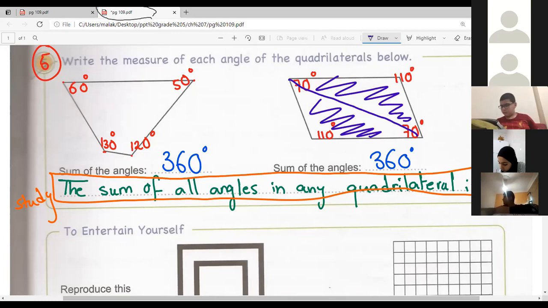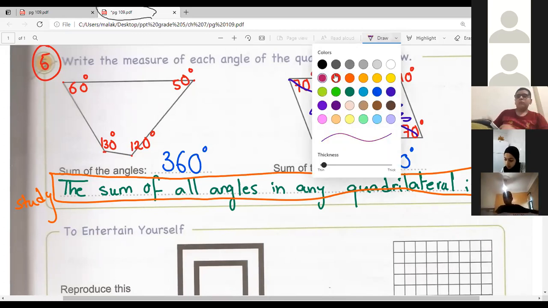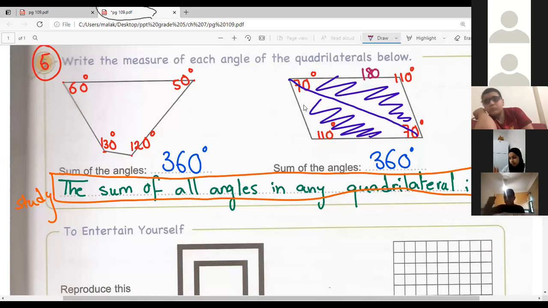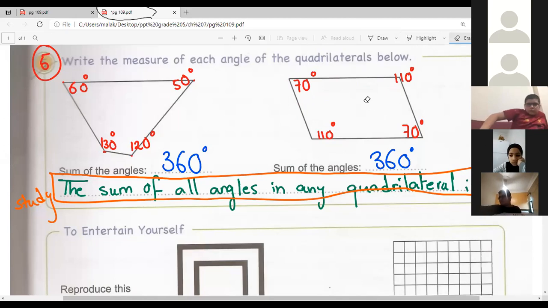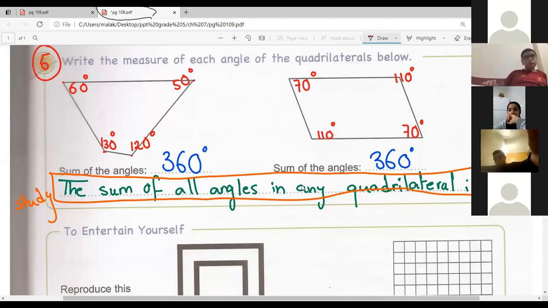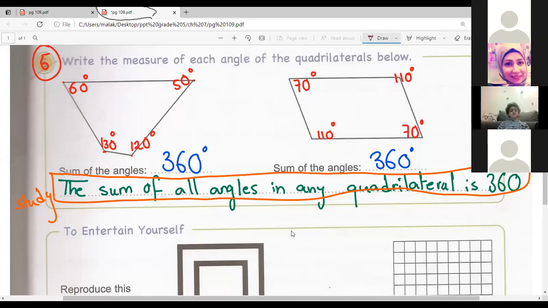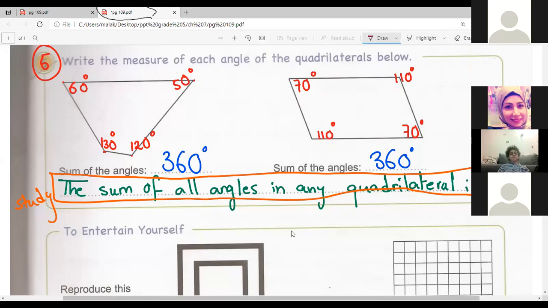Triangle, 180. So we have two triangles here. If each one of these triangles is 180, 180, then the total is 360. So 360 is double 180, because the quadrilateral is divided into two triangles. So 2 times 180 equals 360.